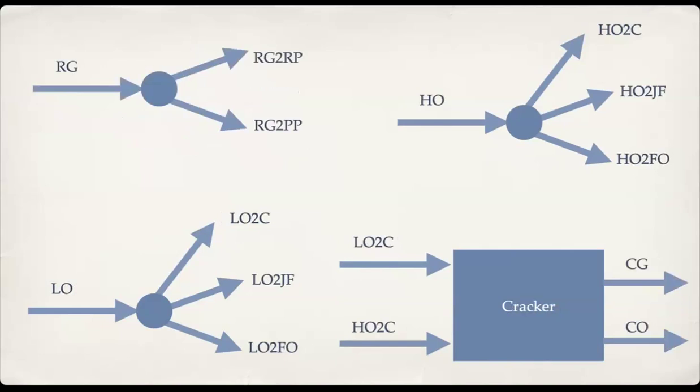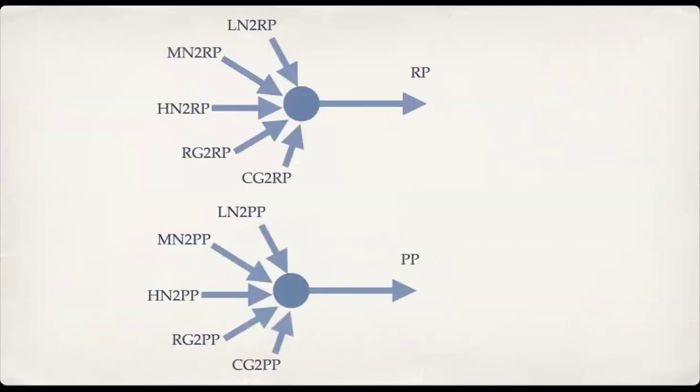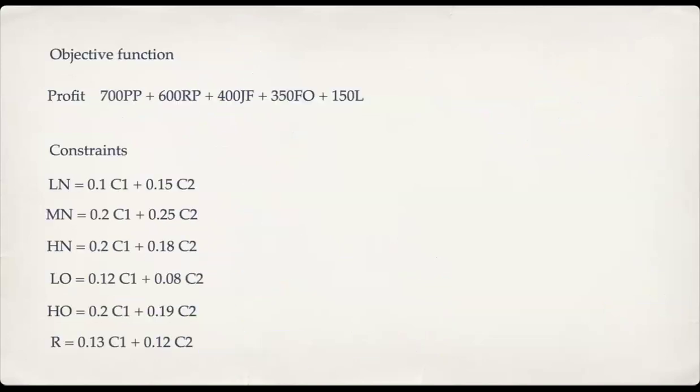And because we keep all these variables as our decision variables, we need this constraint. We write that relationship as an equality constraint, like light naphtha equals 0.1 C1 plus 0.15 C2.